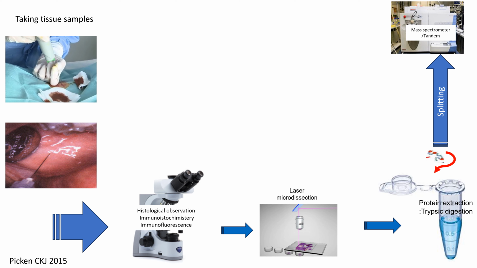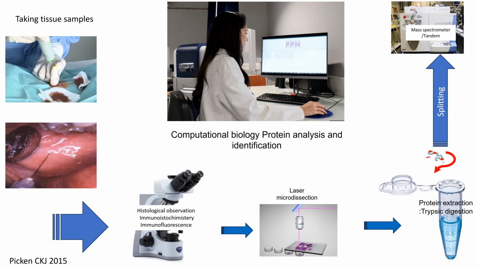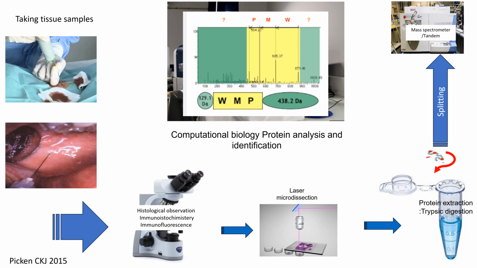In this state-of-the-art method, peptides are first separated by liquid chromatography according to their hydrophobicity. Then their intact and fragment mass is determined by tandem mass spectrometry. After that, specialized software analyzes the recorded mass spectra, enabling the peptides and the proteins from which they originate to be identified.